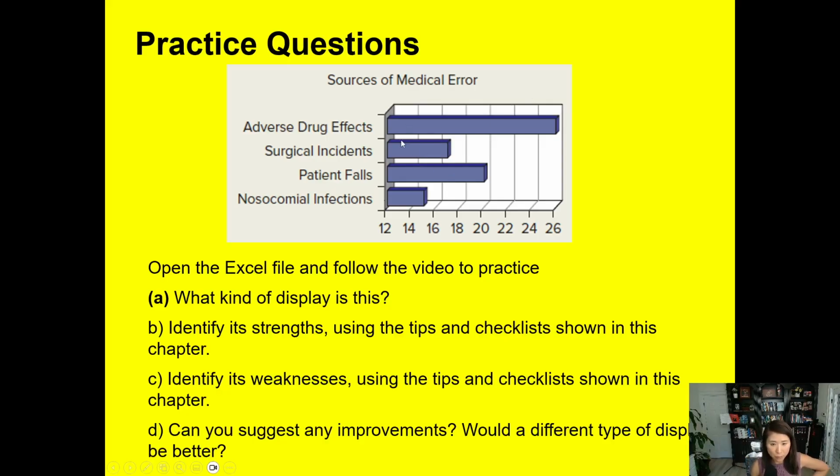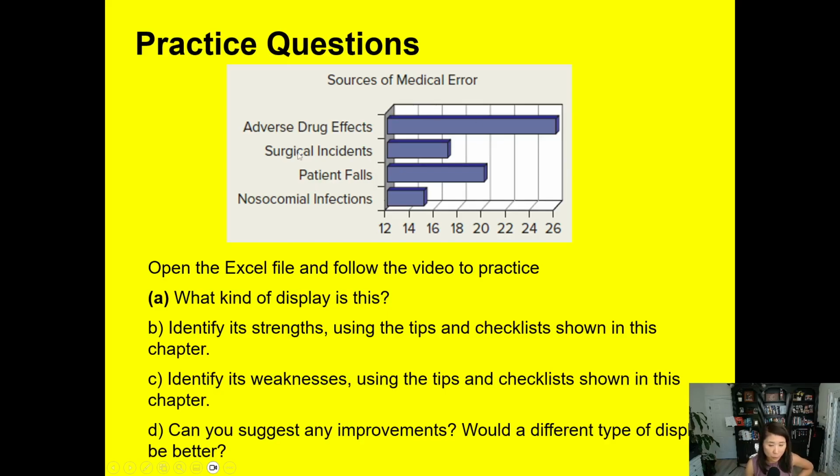Another thing this one does well is the ratio of the vertical and the horizontal, the width and the length, which is less than 2. Therefore, we call it a good proportion, so the proportion of the chart is very good.